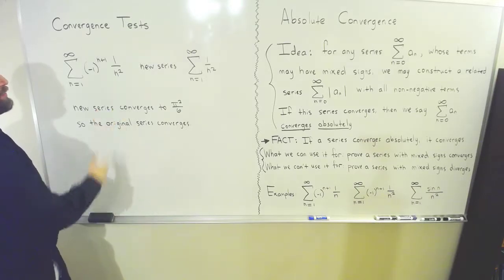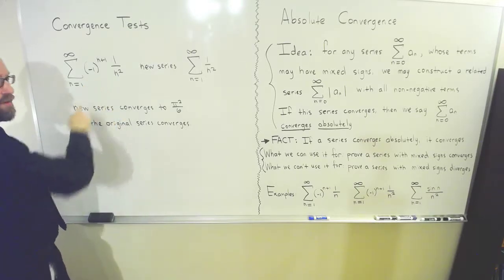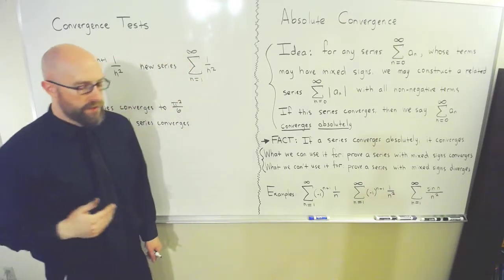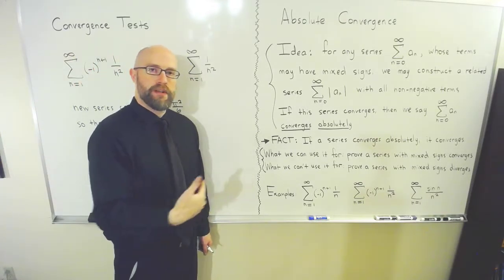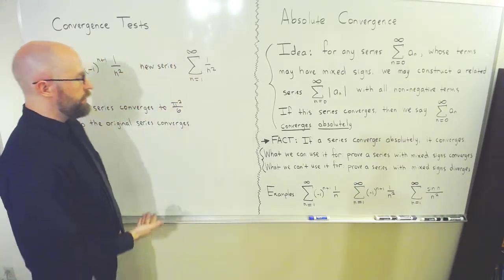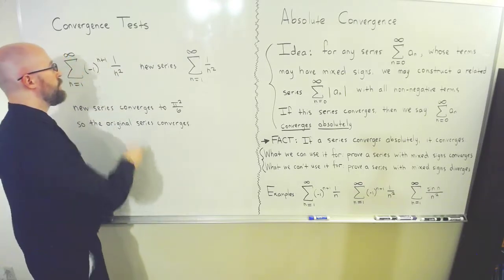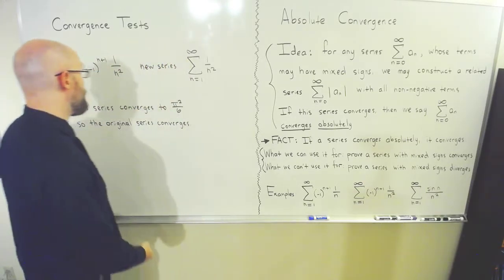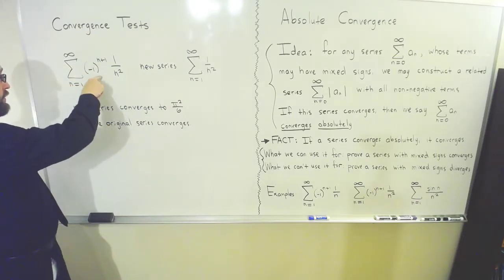Now, this might not impress you very much because you might say, well, of course this converges. But the thing to remember is that in terms of formally proving the convergence or divergence behavior of something, intuition's not good enough. And the tests that we looked at before that involve series with positive terms don't apply to this.